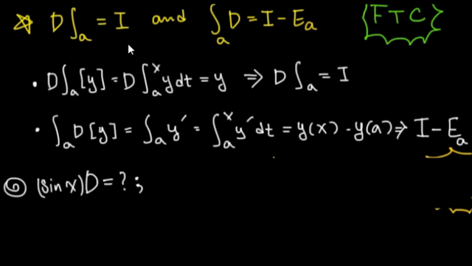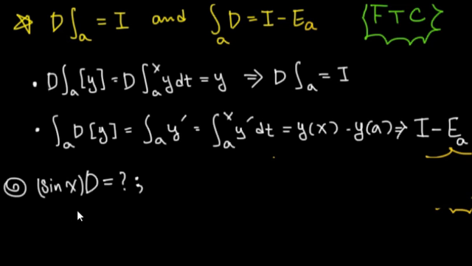Now I want you to look at it here, and we have an interesting statement that is now called the fundamental theorem of calculus: the differential operator and the integral operator, if they're juxtaposed in this order as an operator algebra, become the identity operator, and if you put them in this order, the identity operator minus this evaluation operator. So the fundamental theorem of calculus can be summarized nicely like this.